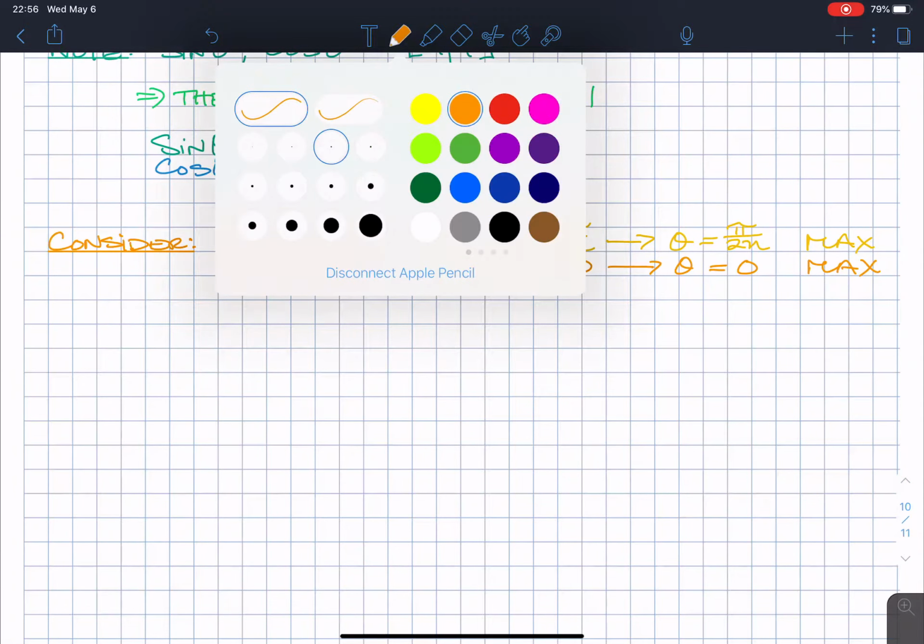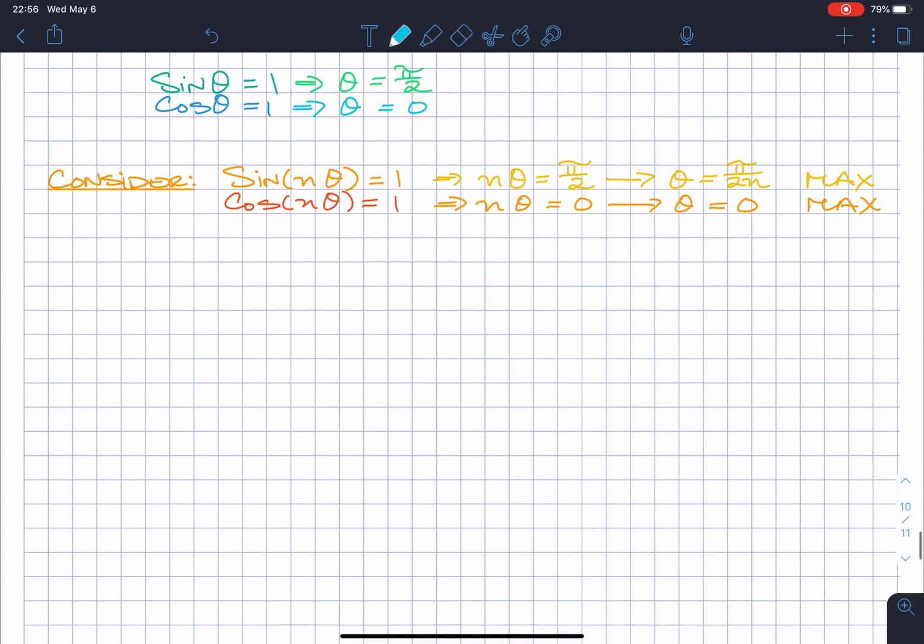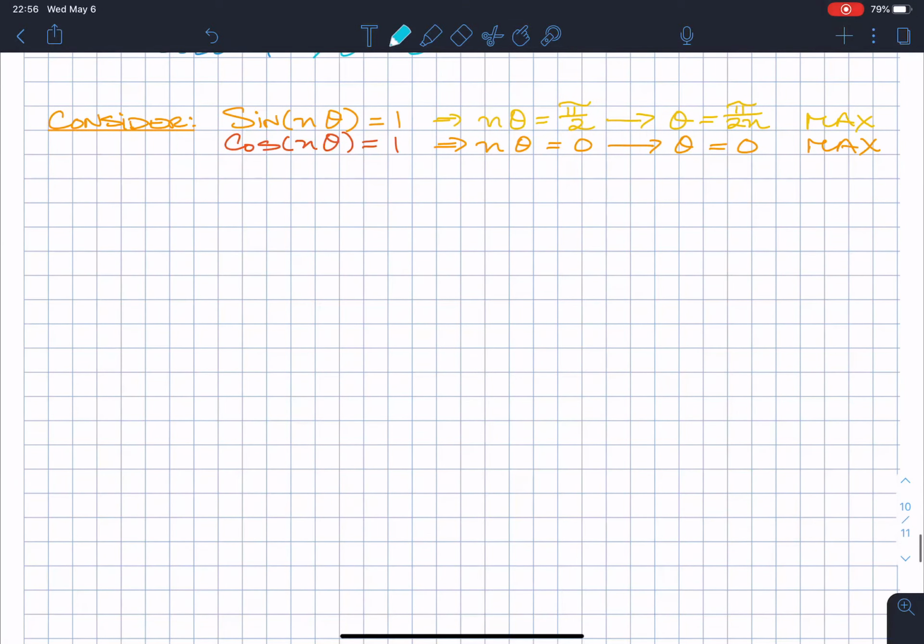Given that, let's consider the definition of a rose.